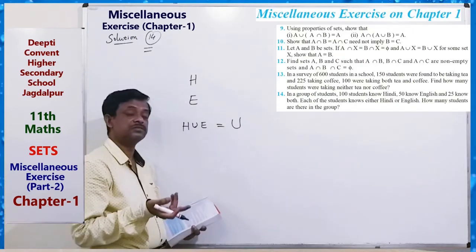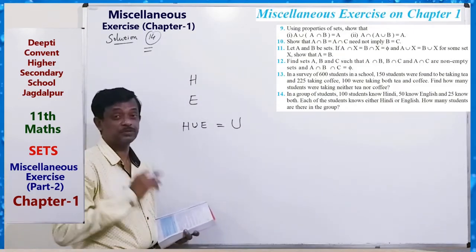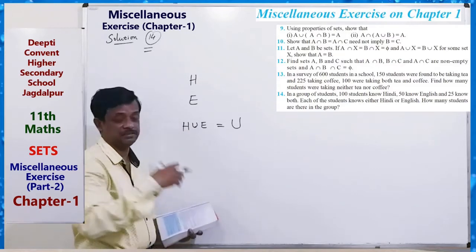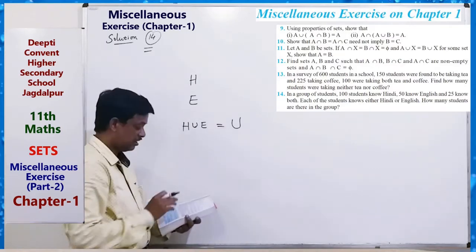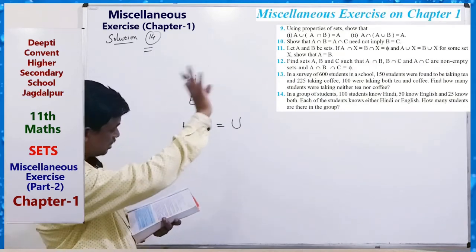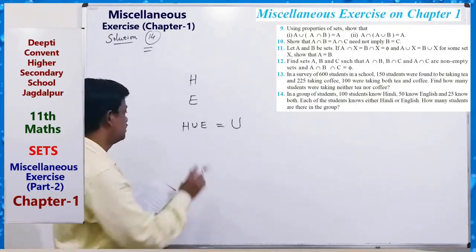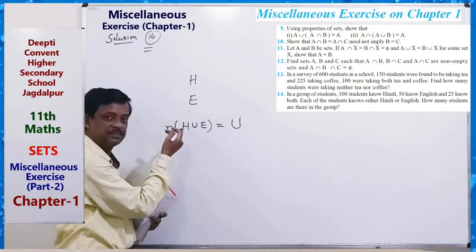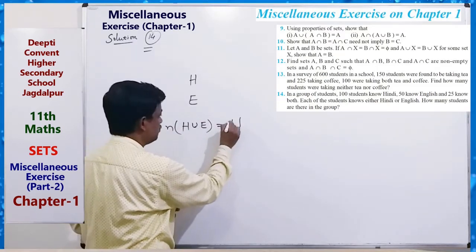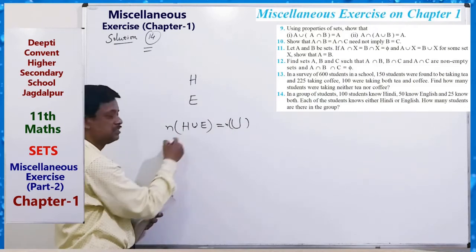Each student knows either Hindi or English. That means the union of these is the total number. So how many students are there in the group? It means we have to find n of this. Clear?